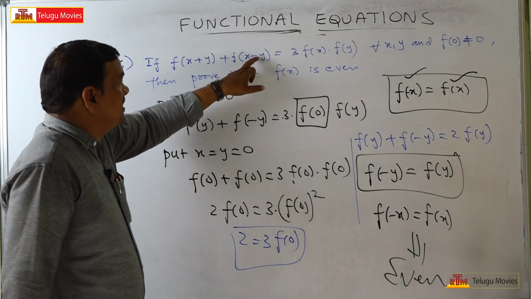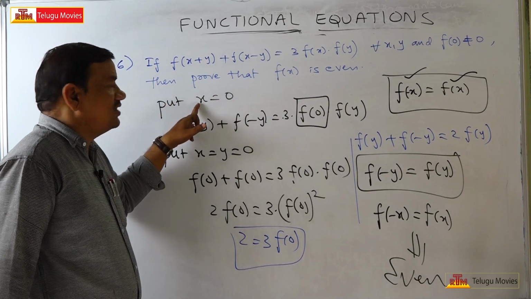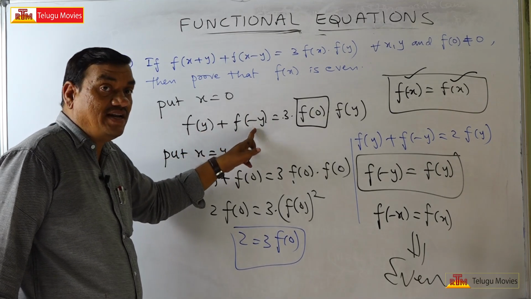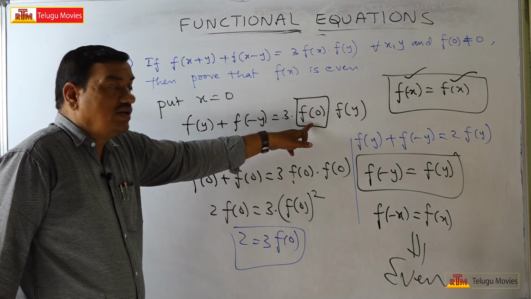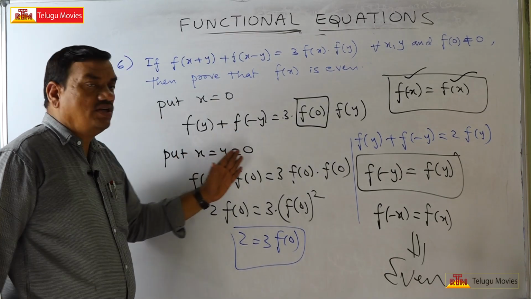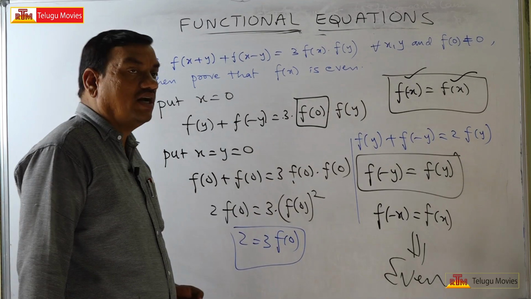So to get f(-y), the only option is x = 0. Then we have to get f(0), so put x = y = 0, and automatically you will get the f(0) value.